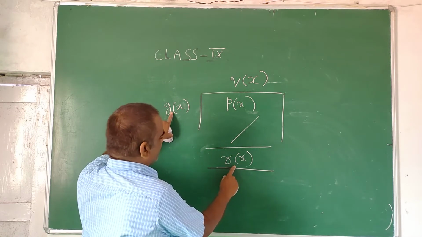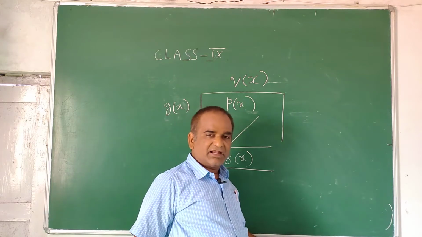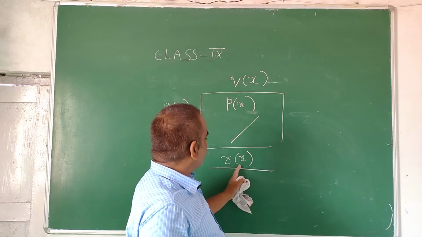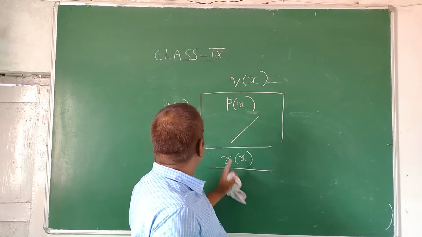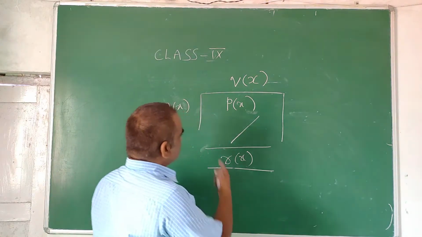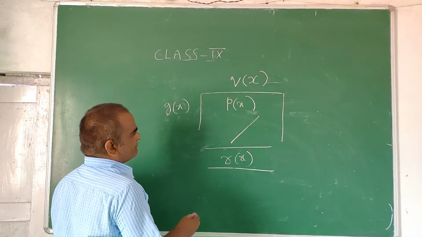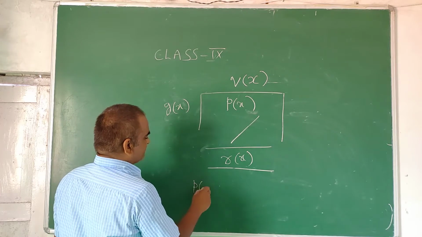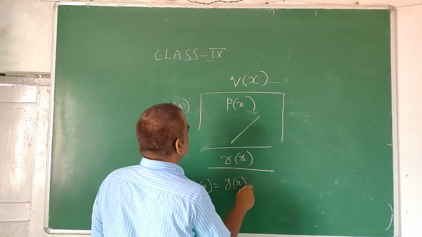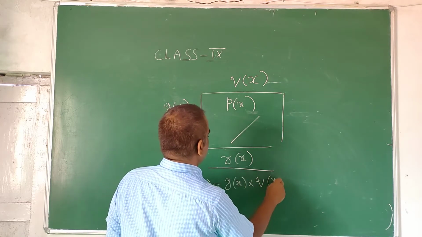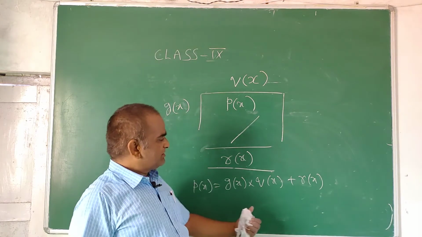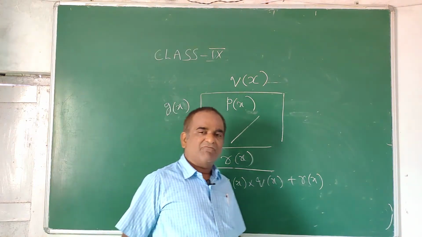That is the most important point in this definition you have to understand. The degree of remainder should be strictly less than degree of the divisor. Are you following? So this is division algorithm of polynomial. Once again I am saying p of x is equal to g of x into q of x plus r of x. This is the division algorithm of polynomials.